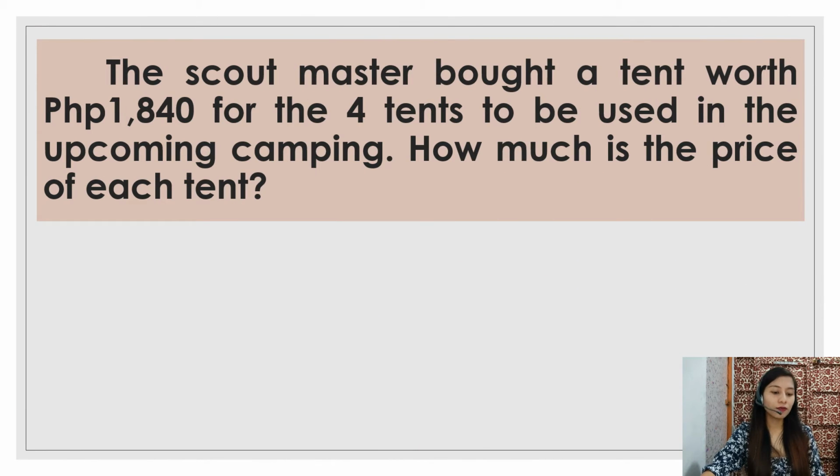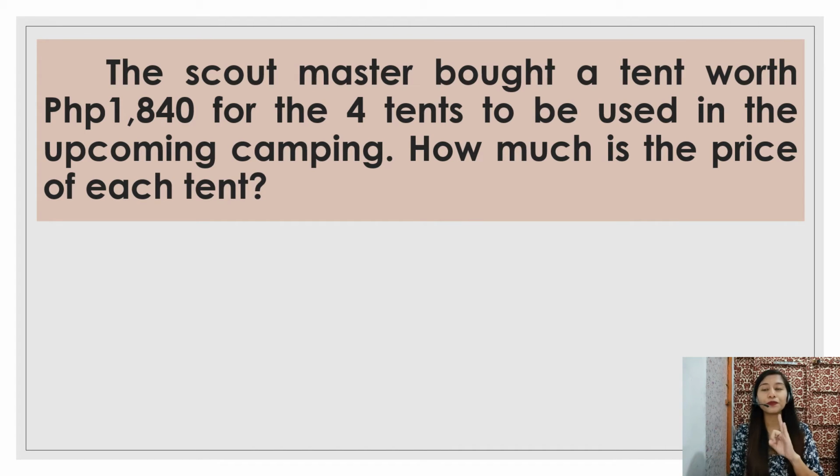So the Scoutmaster bought a tent worth 1,840 for the 4 tents to be used in the upcoming camping. So how much is the price of each tent? So the first step again, what is the first step? Okay, what is asked?